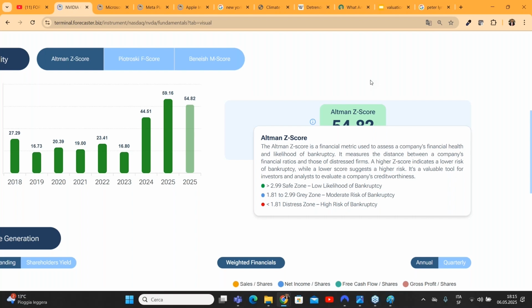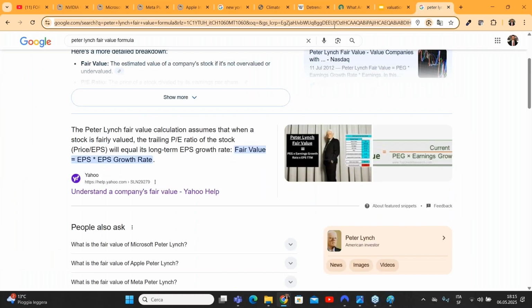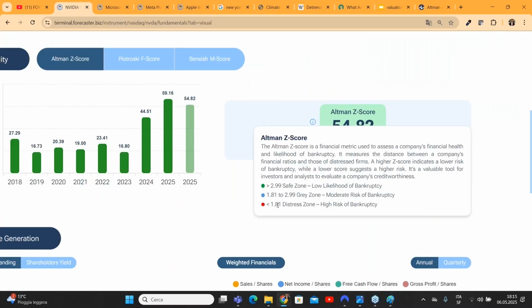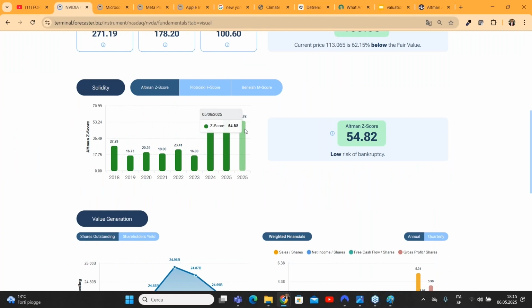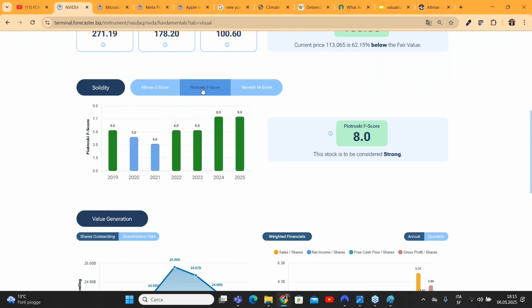Here it is, and it tells if the company is in a safe zone or has a risk of bankruptcy in the case the result is less than 1.81. Of course, in the case of Nvidia, we do not have a risk of bankruptcy. We have a very high Altman Z score.